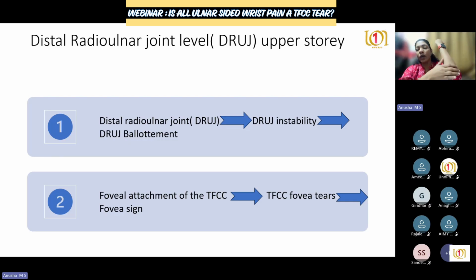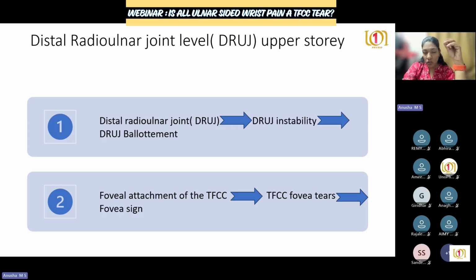There is a proximal radio-ulnar joint as well as the distal radio-ulnar joint, and that is a very common place of injury as well as pain production. How will we identify whether the patient's DRUJ is affected or not? We have to go through a DRUJ instability test, that is the Ballottement test.